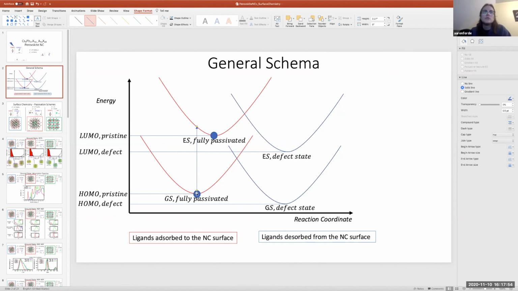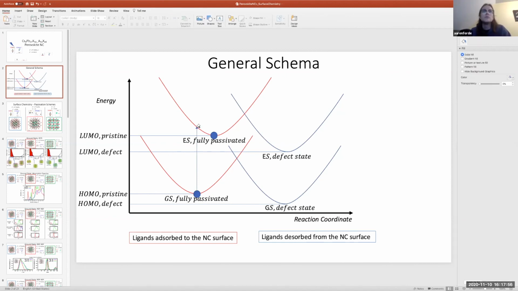Yeah, photoexcitation would be vertical, but in practice, for the calculations I'm doing, I optimize it so that the geometry changes in the excited state. If that makes sense.